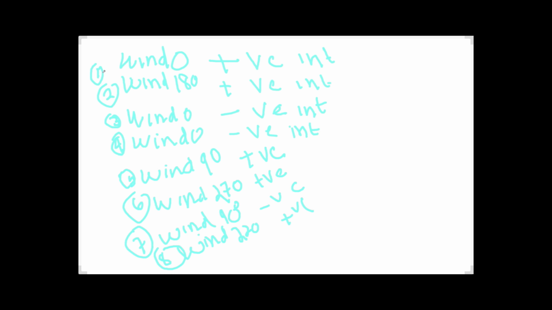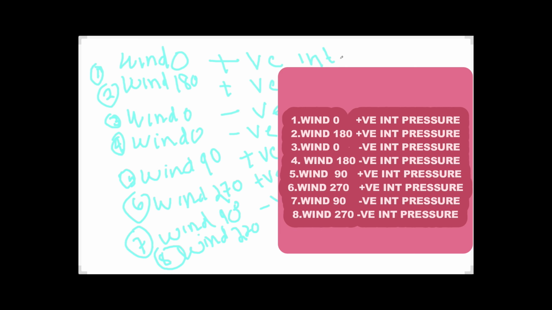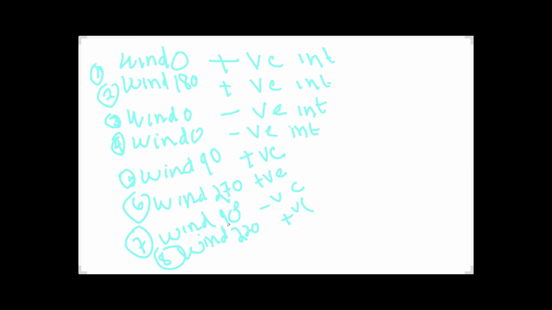If you see, wind load case 2 is exactly opposite of wind load case 1. Similarly, wind load case 4 is exactly opposite of wind load case 3, wind load case 6 is exactly opposite of wind load case 5, and wind load case 8 is exactly opposite of wind load case 7.